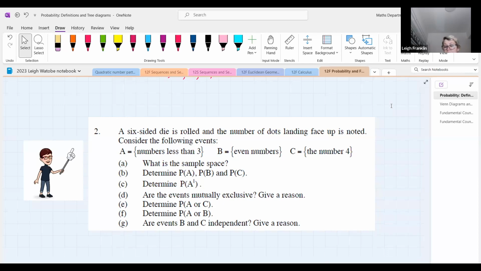Consider the following events. Event A is a number less than 3. Event B are even numbers, and event C is the number 4. The first thing that they ask us is, what is the sample space? So they want us to list all of the values in our sample space. How would we do that?